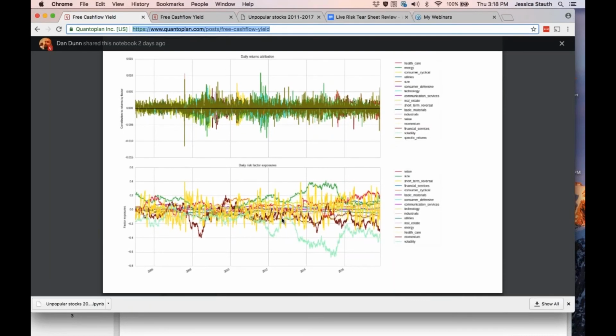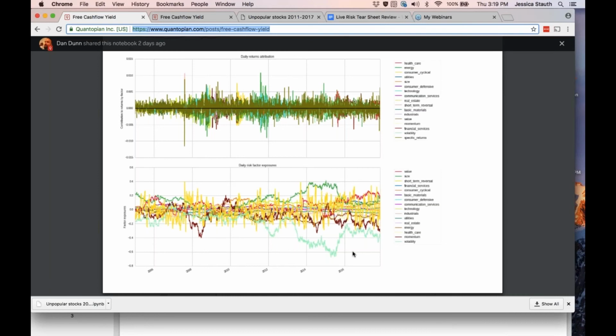When Renee and I were reviewing this, and it's funny, someone internally on our team had used a free cash flow yield as an example strategy to test and put the risk model through its paces. What we thought makes sense about this is, it's a value-ish type strategy, but it's not identical to the value factor in our model, which looks more at the book to price relationship.